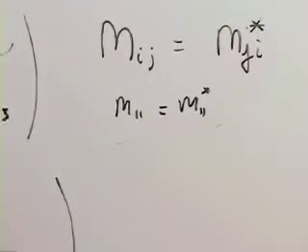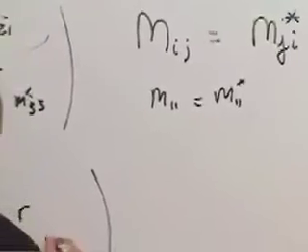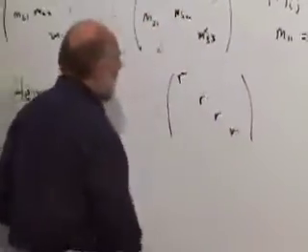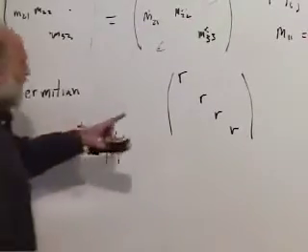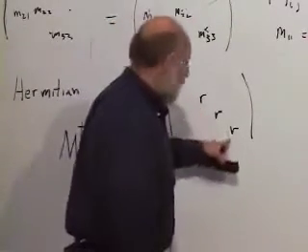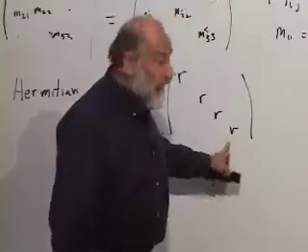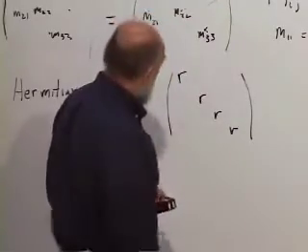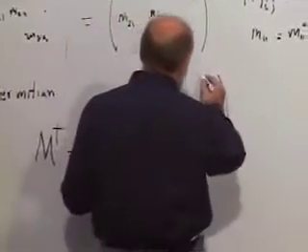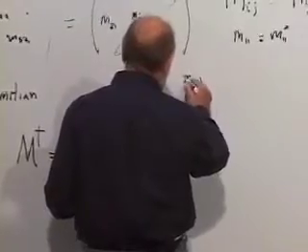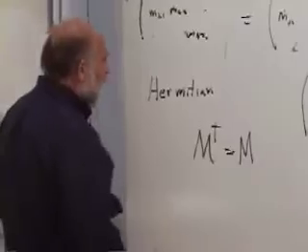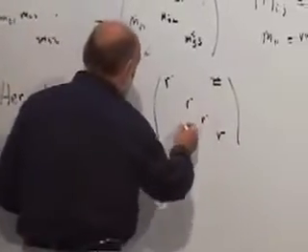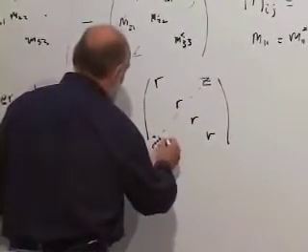So real numbers on the diagonal, meaning any real number in any one of these places, not all the same real number. And on the off-diagonal elements, let's suppose this off-diagonal element is the complex number z, then the reflected off-diagonal element has to be the complex conjugate.